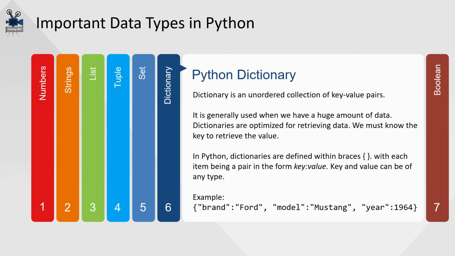In Python, dictionaries are defined within curly braces, with each item being a pair in the form of key, colon, value. Key and value can be of any type. For example, here brand is Ford, model of the car is Mustang, and year is 1964.